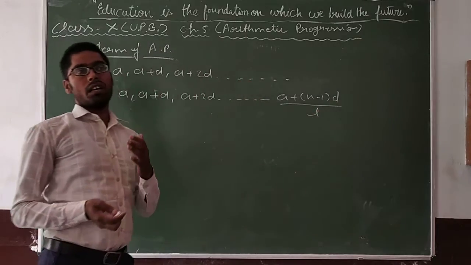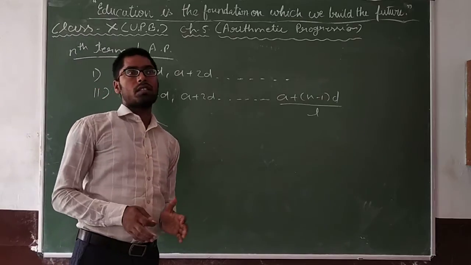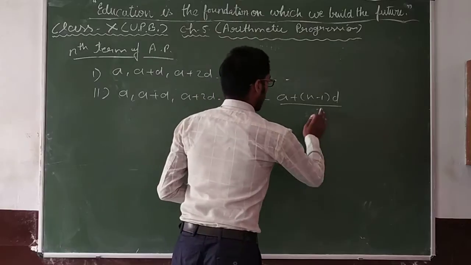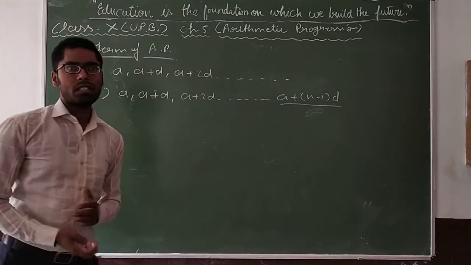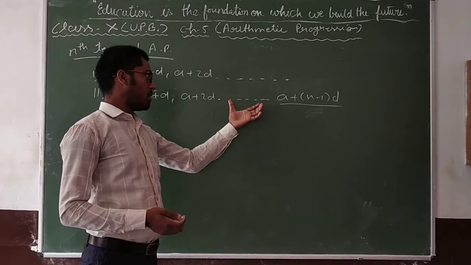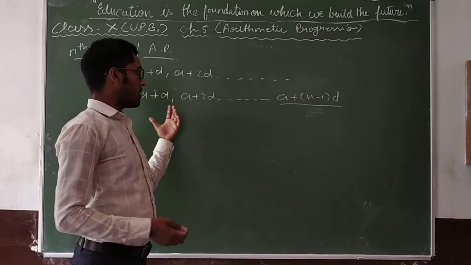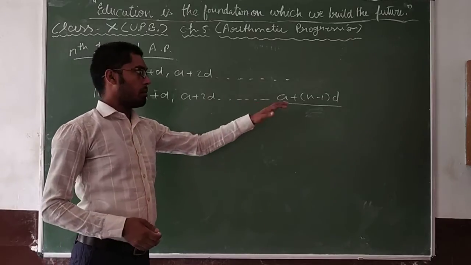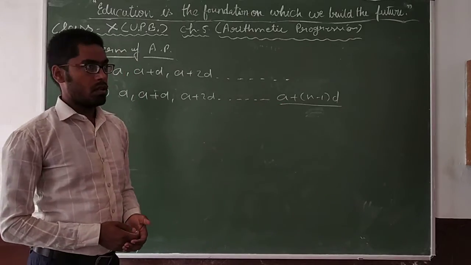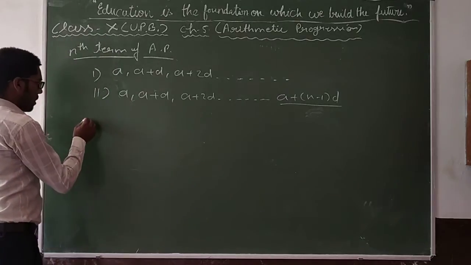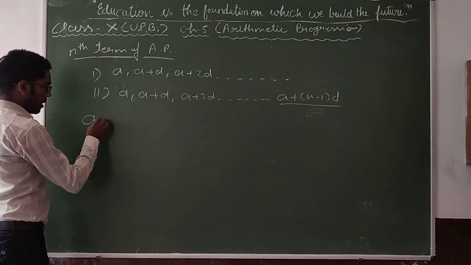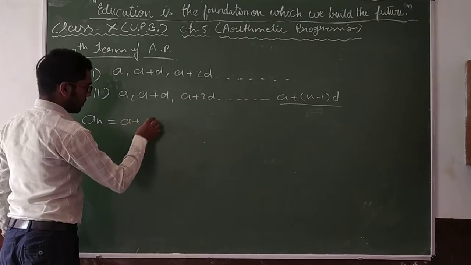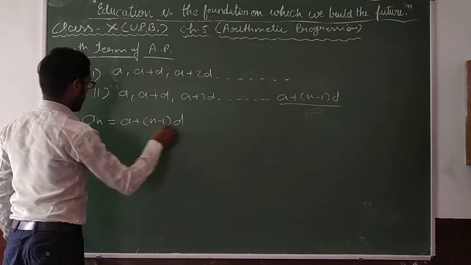When a series has a last term, it means the series has limited terms. So how many terms are there between the last term and the first term, and what is the value of the term? By using the formula, an is equal to a plus (n minus 1) into d.